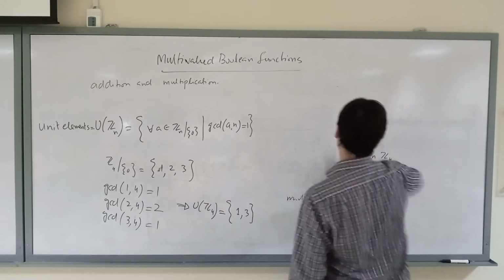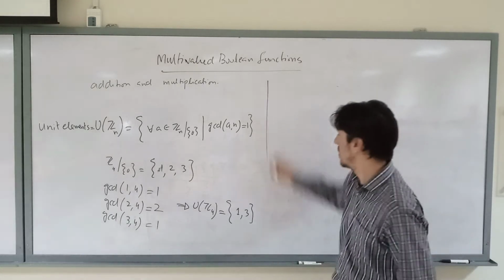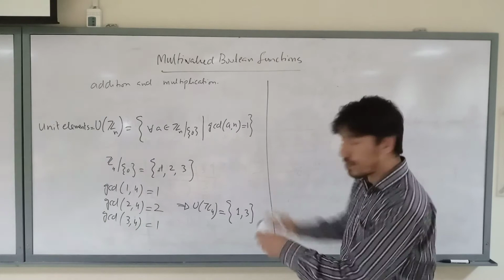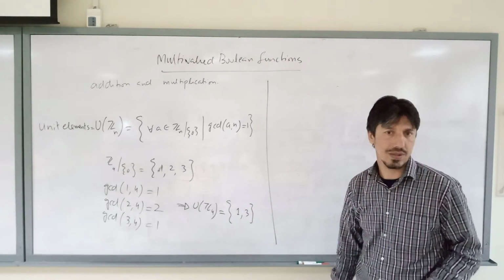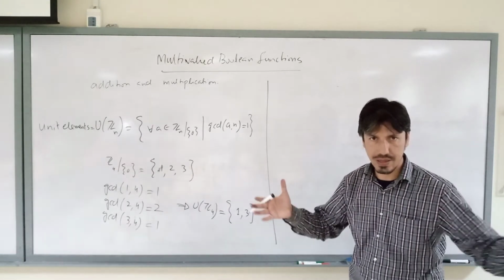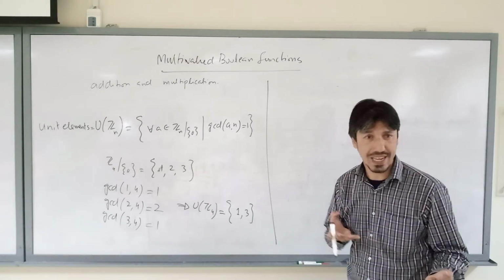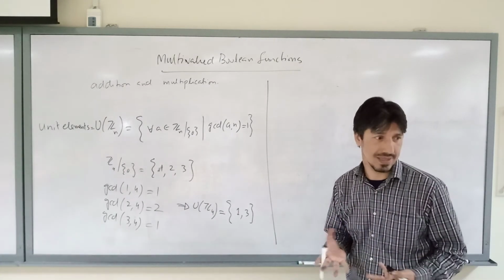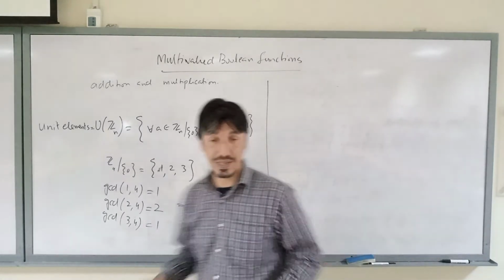So let me elaborate this one. Cryptographically, we need that kind of invertible elements. That is why the whole focus of today's lecture is how to get the unit elements from the modulo classes, and I'm most interested in this.